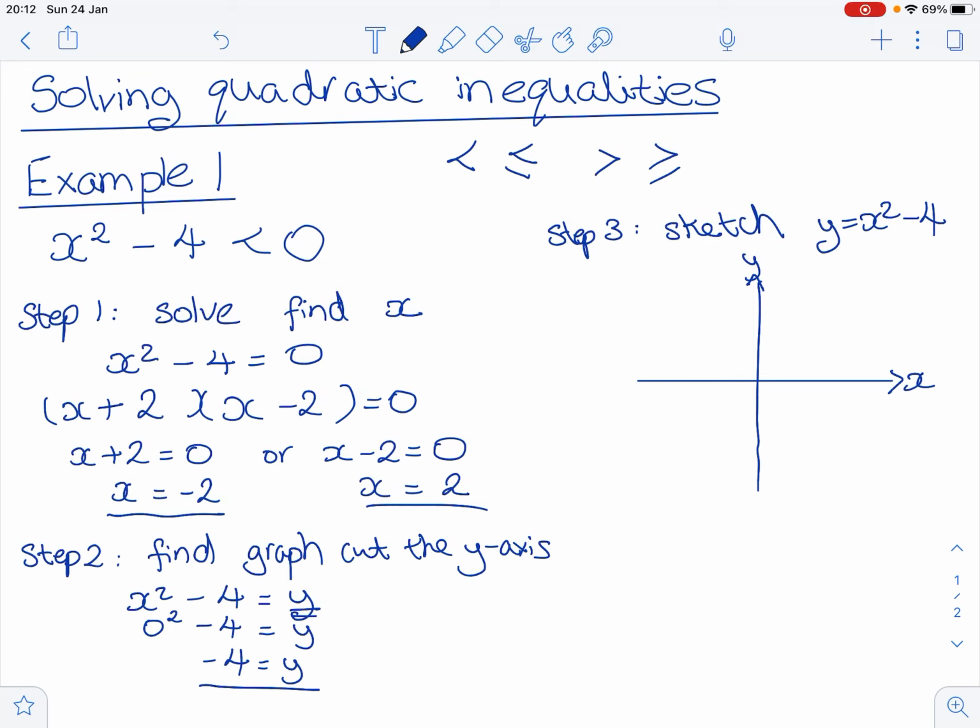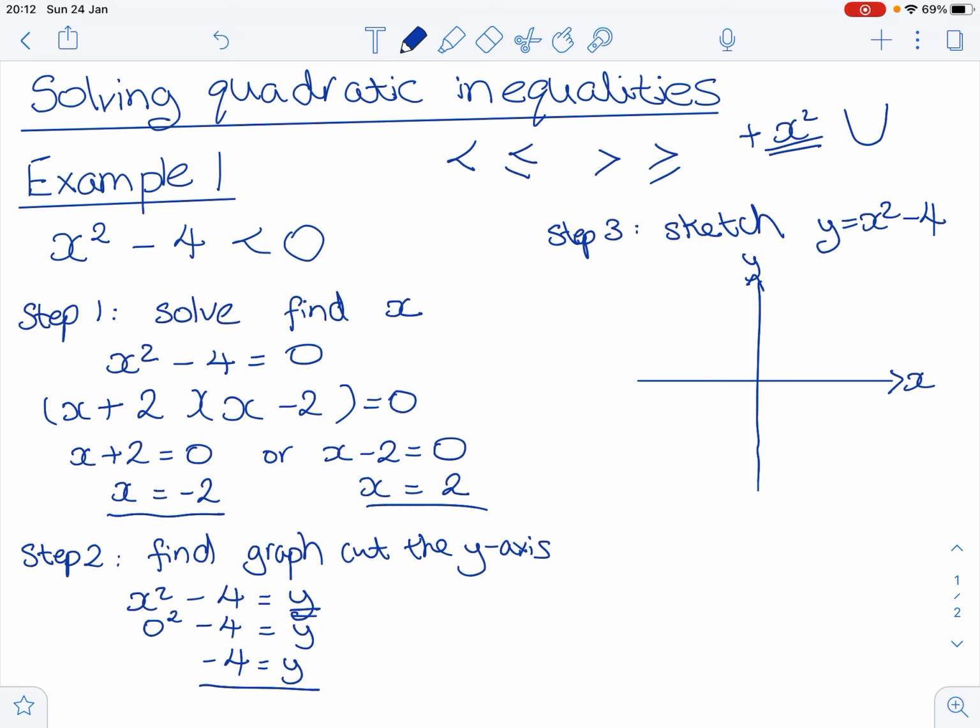Remember, we know it's quadratic because we have x squared. When the x squared term is positive, the general shape of the quadratic graph looks like this.